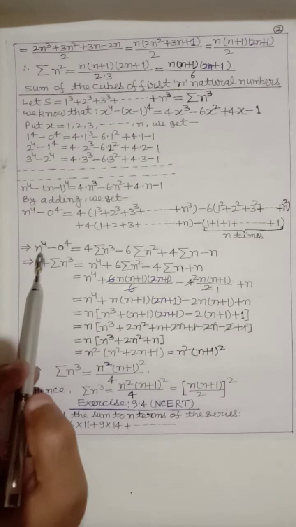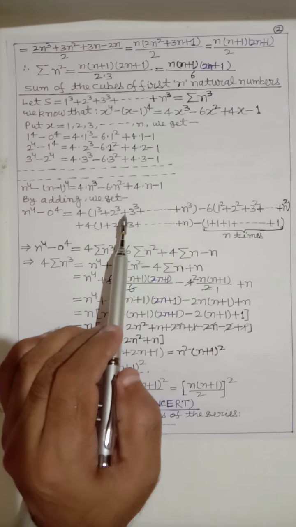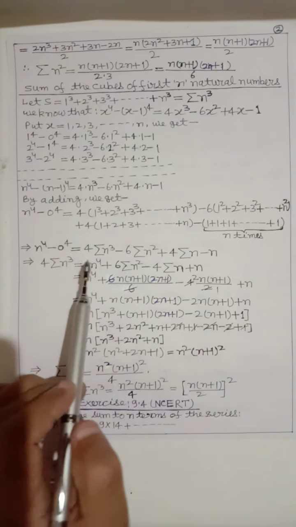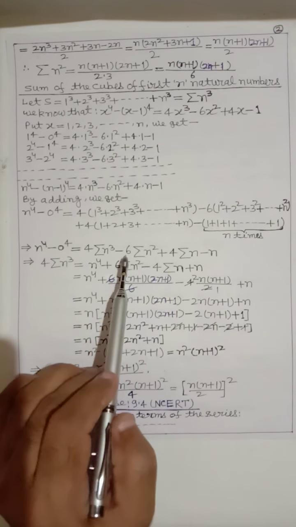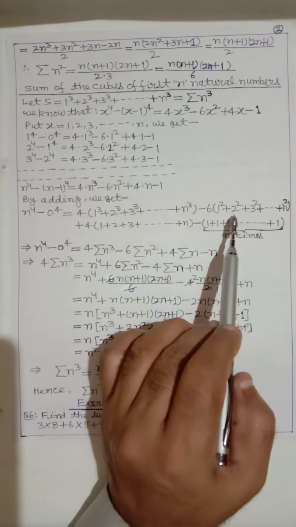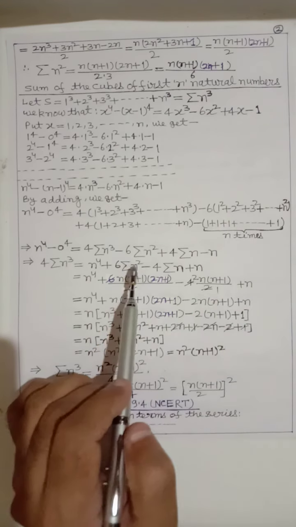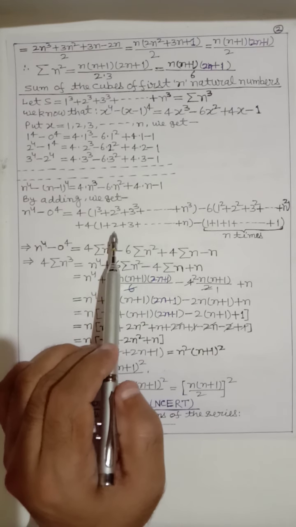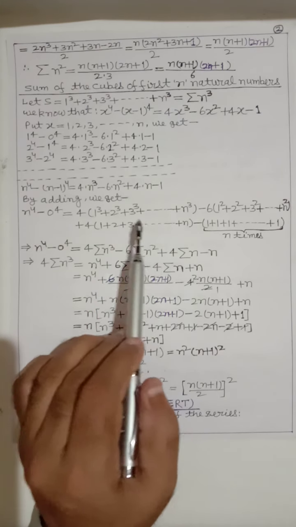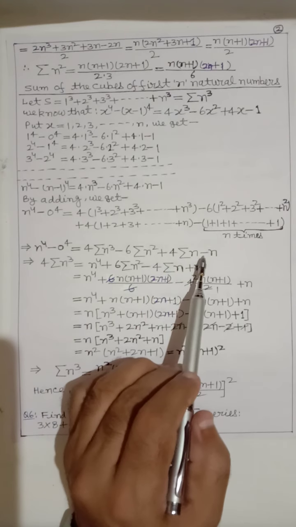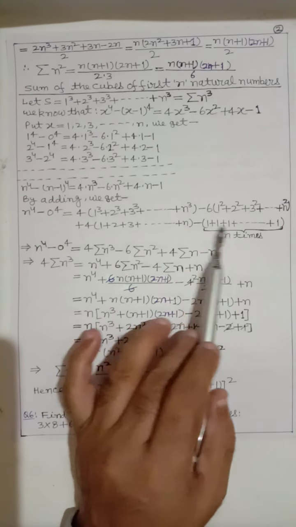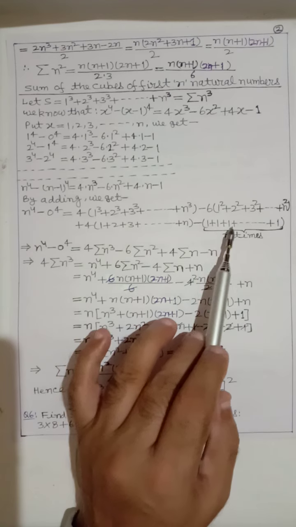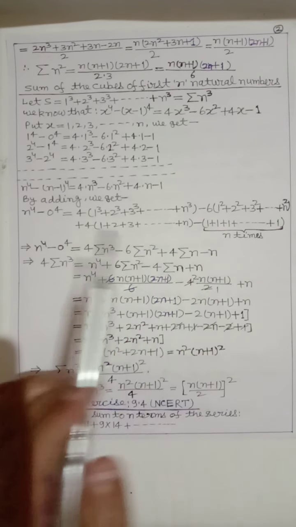This is the sum of cubes of first n natural numbers, so we write 4 summation n cube minus, here this is the sum of squares of first n natural numbers, so we write minus 6 summation n square, and here this is the sum of first n natural numbers, so we write 4 sigma n minus n. Here the value of this is n.